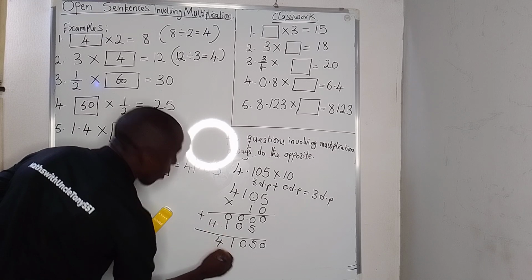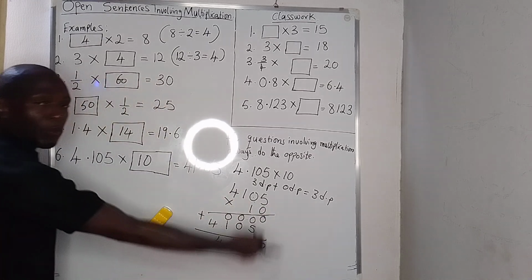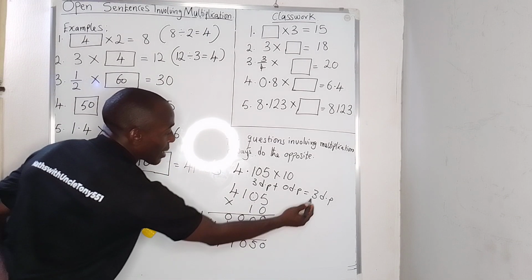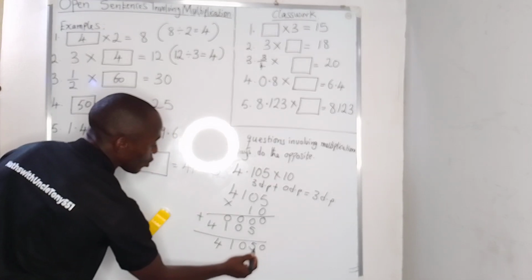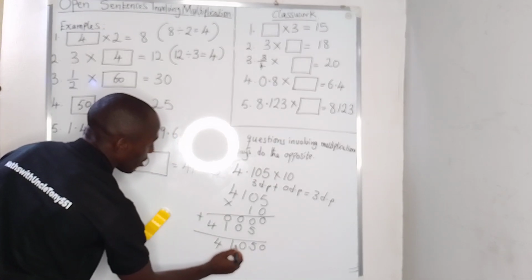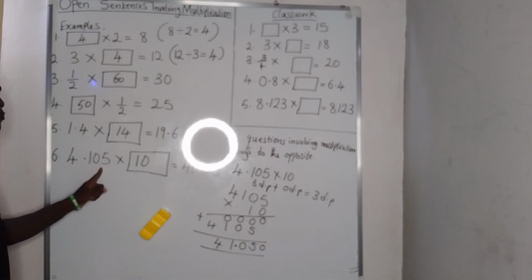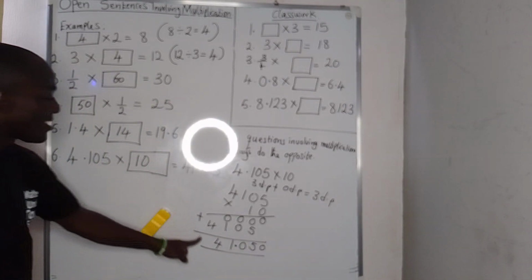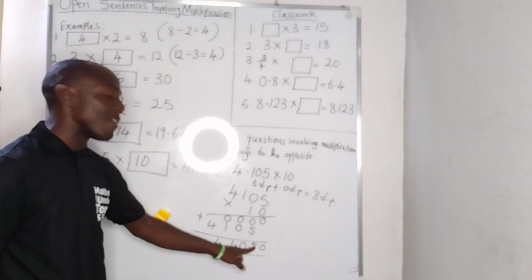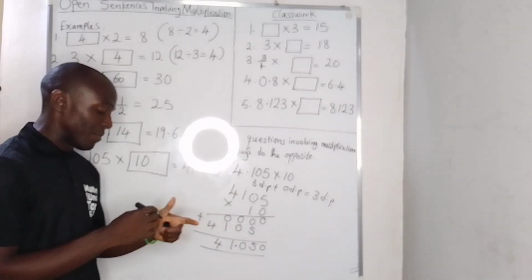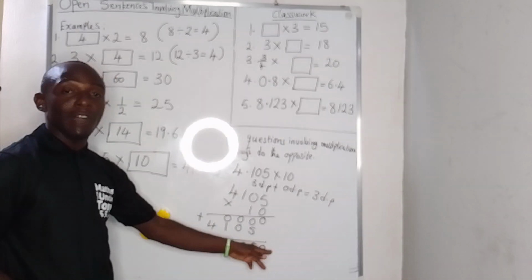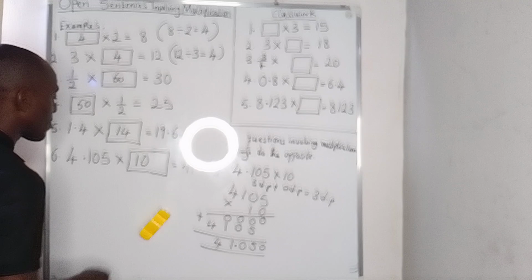Bring down your 4. My decimal place, from the right hand side, I'm counting 3: 1, 2, 3. 41.05. So 4.105 multiplied by 10 is the same thing as 41.050, because a 0 after the decimal point at the end doesn't mean anything.